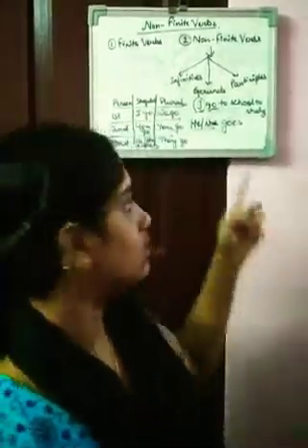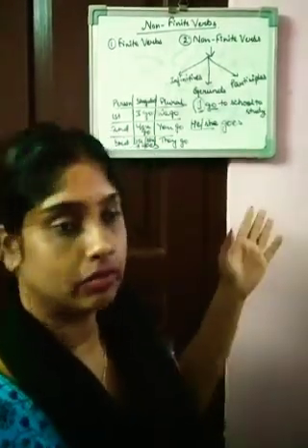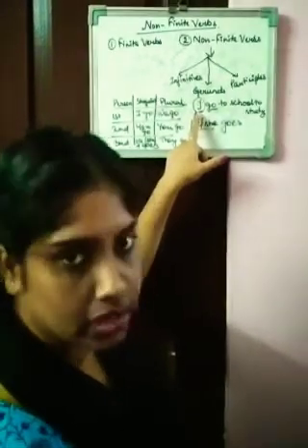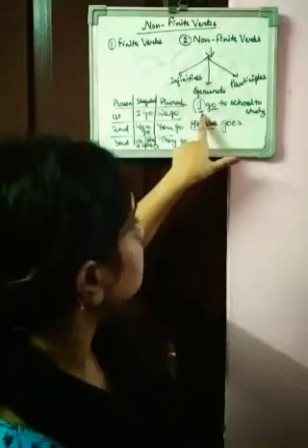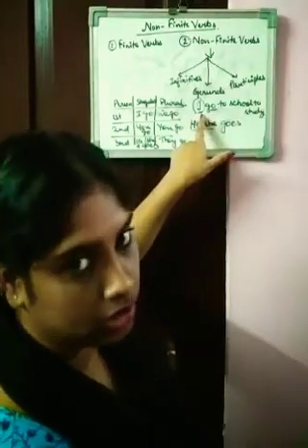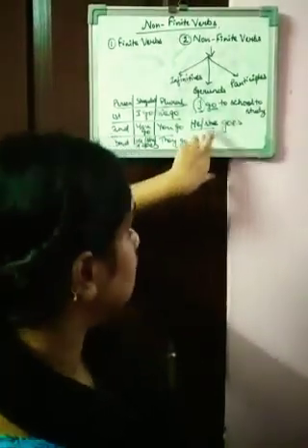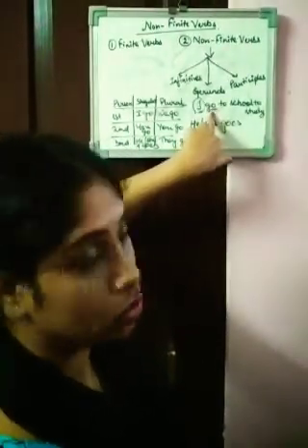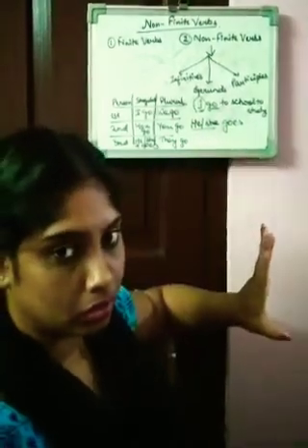So this is a finite verb. These are finite verbs. When our subject is changing, the number is changing. First it was in first person singular number. Now it has changed to third person singular number, and that's how our verb has changed from go to goes. I hope now you are clear about it.